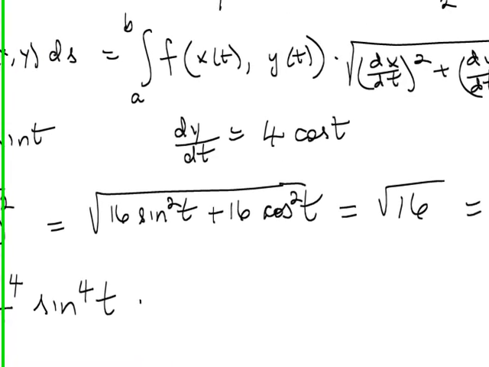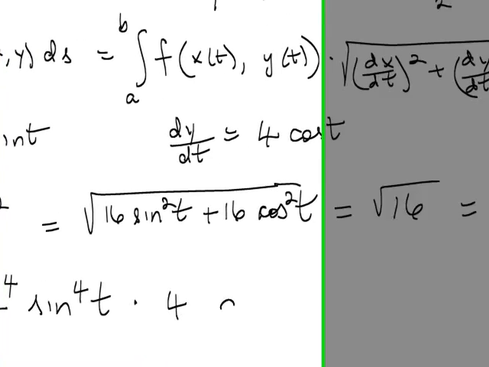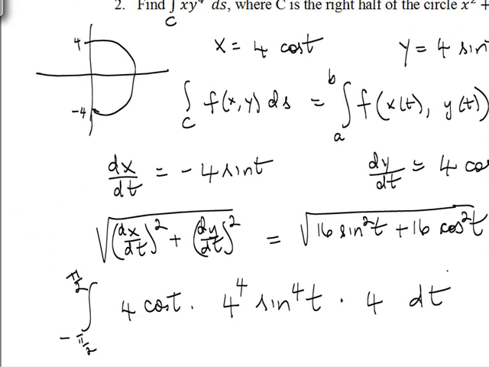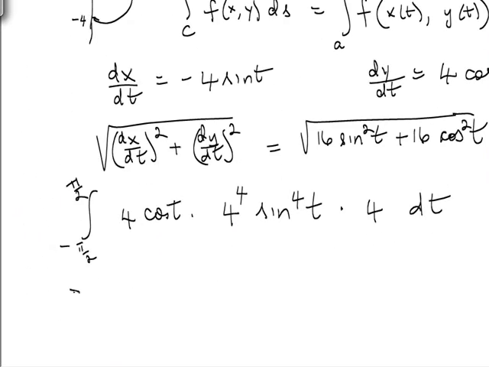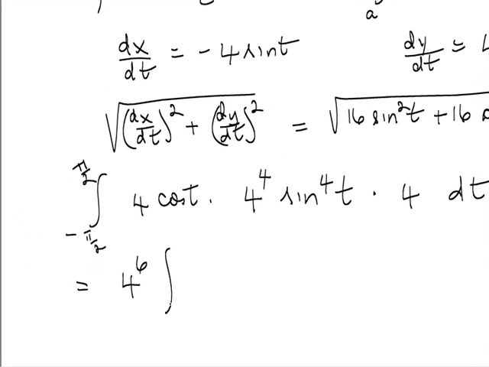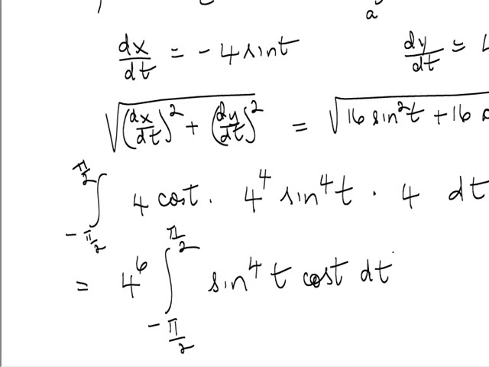Now we need to multiply by this 4 we just got, dt. So that's 4 to the 6. Let's put that outside. From minus pi over 2 to pi over 2 of sine to the 4 t cosine t dt.